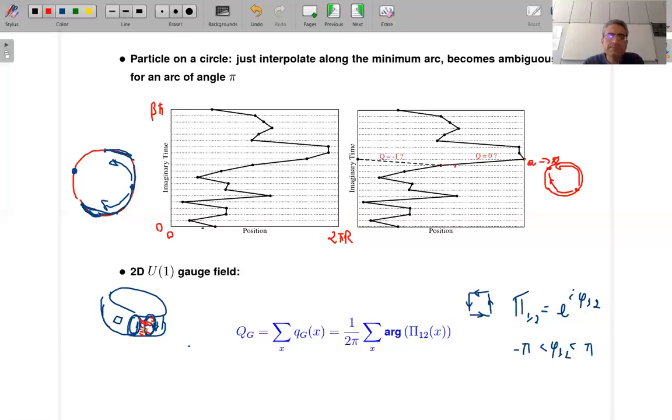But again, the two holonomies have a non-trivial topology by themselves. Then the topology of the gauge configuration is associated to what is the value as you move this one holonomy from this point to the other.